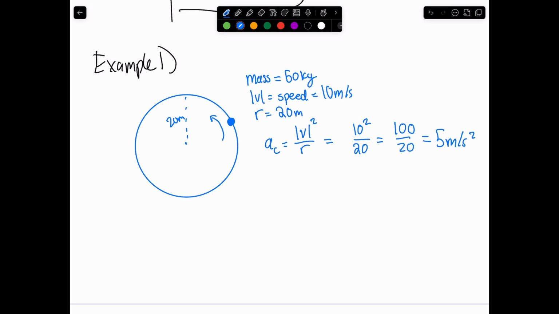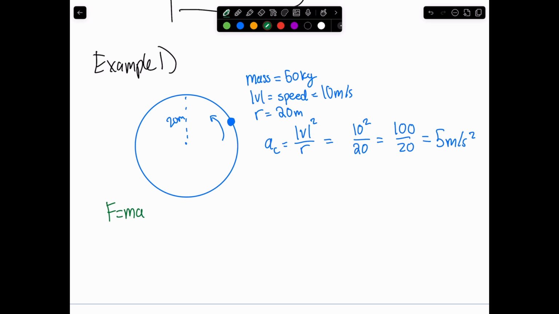Now, I mentioned some time ago, in order for acceleration on a mass to exist, there needs to be some kind of force involved, as per Newton's second law, F equals ma. So we have an acceleration, and we have a mass. So why don't we try and figure out what this theoretical force's value would be?